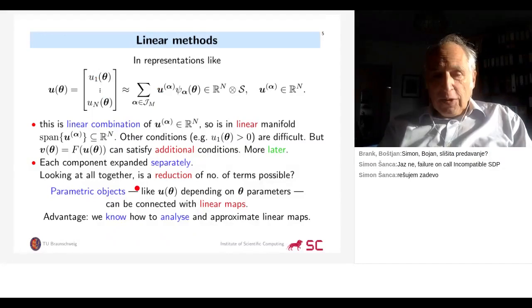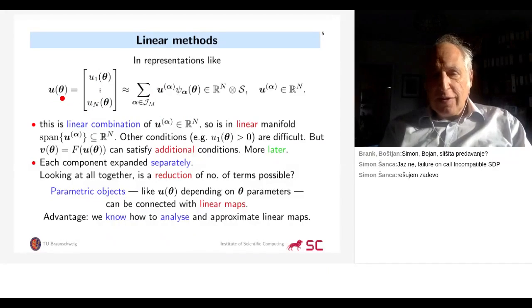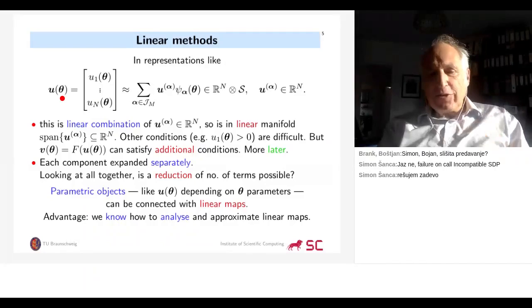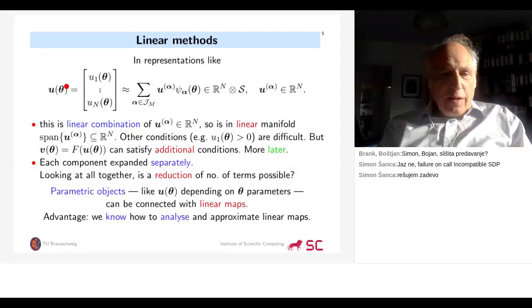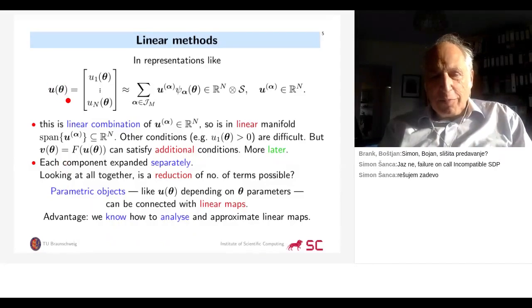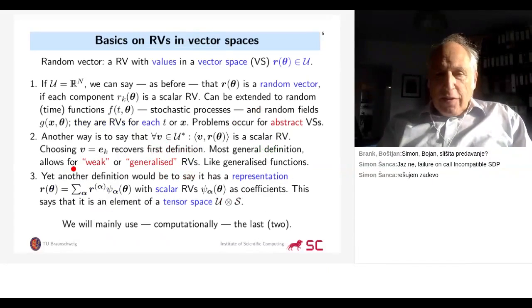Good, and now we will connect these expansions, or parametric objects, see this u depends on the parameters theta. Parametric objects in general can be connected with linear maps, because this can be any dependence on theta, but linear maps are something really nice to analyze. So this is the advantage of that.